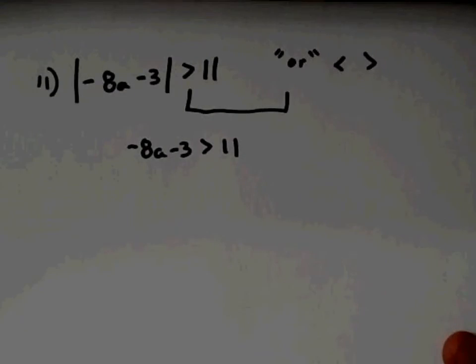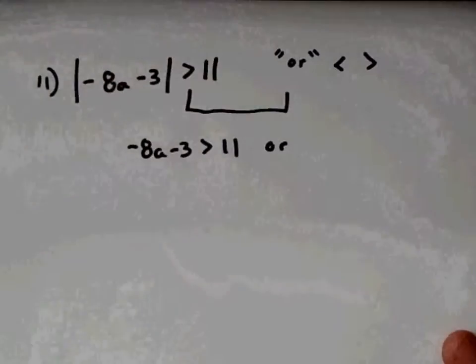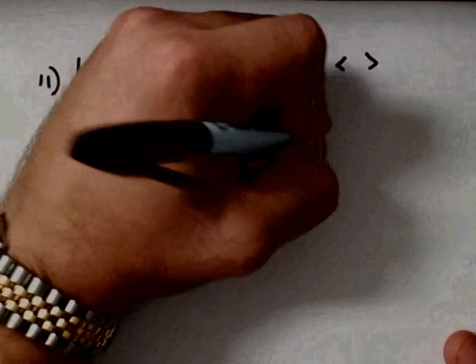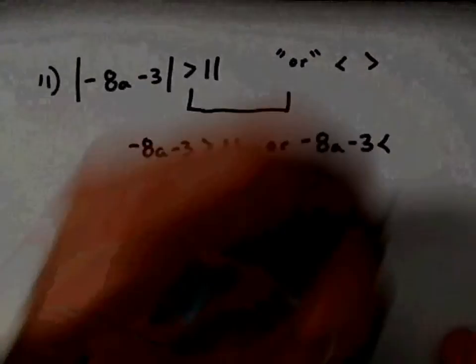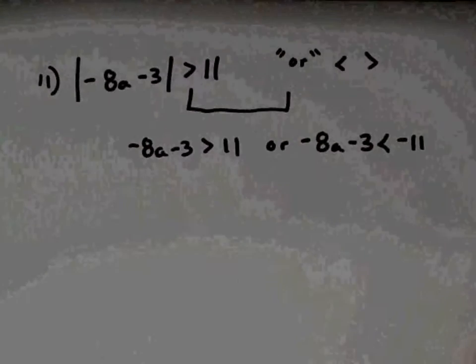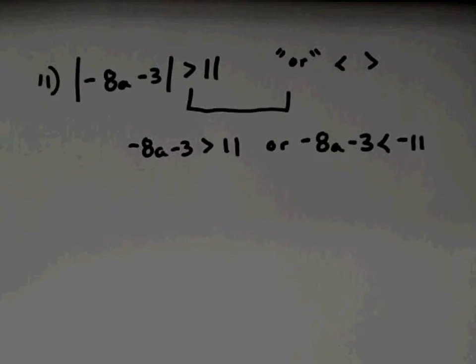That's the original. The OR is going to be the opposite one. So it's going to be negative 8a minus 3, and this one's going to switch around, and it's going to be the opposite like that. So based on how you write your original is going to dictate how you do the next one.